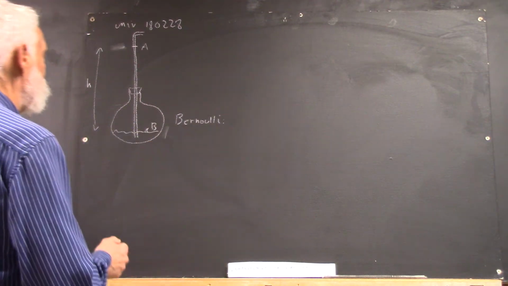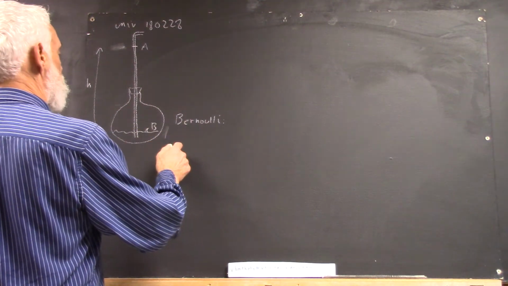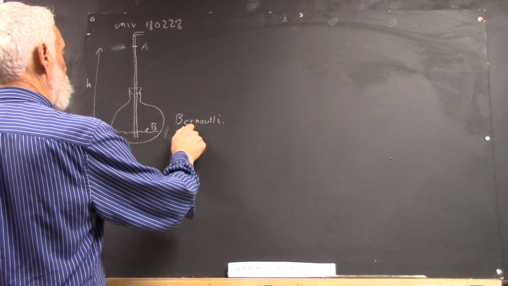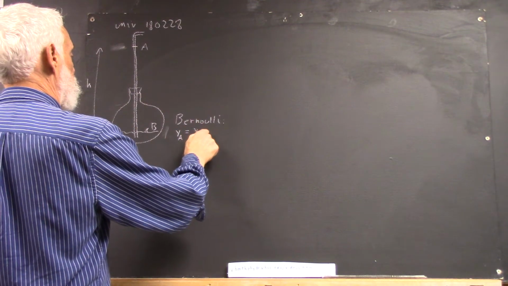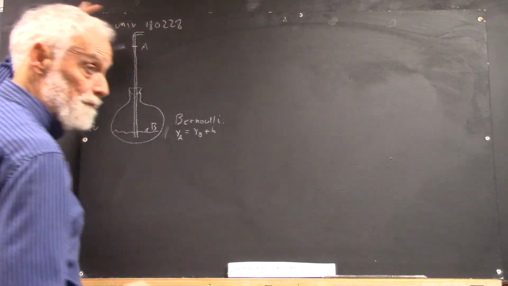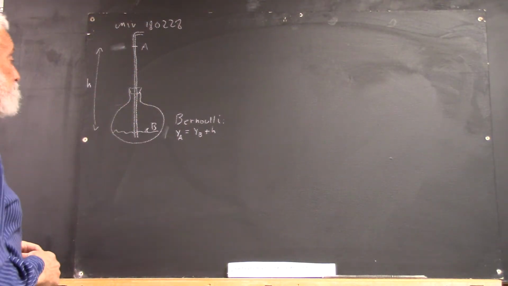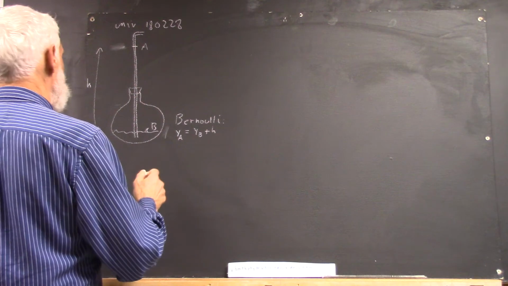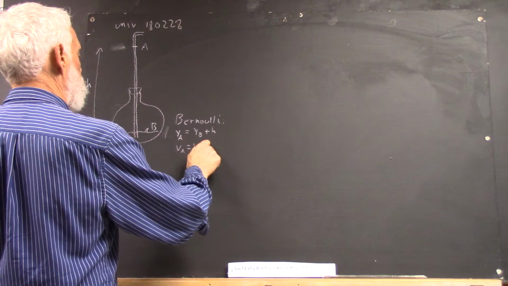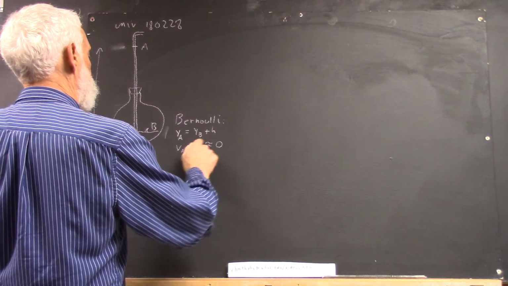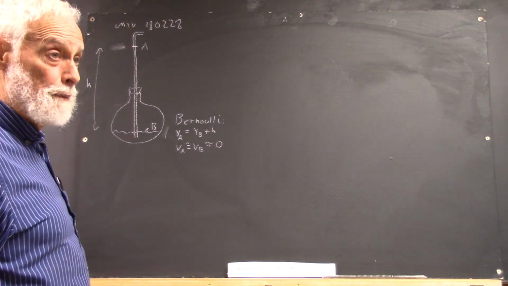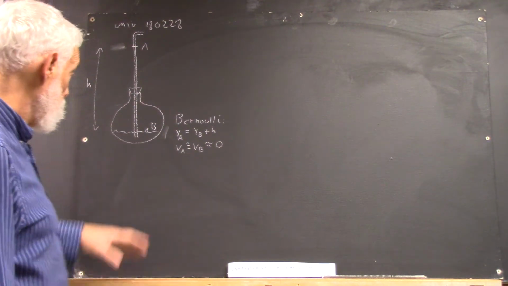Now, Bernoulli. Y sub A equals Y sub B plus H. In other words, it's obvious, right? And V sub A and V sub B are both essentially zero, unless the shark is very agitated.